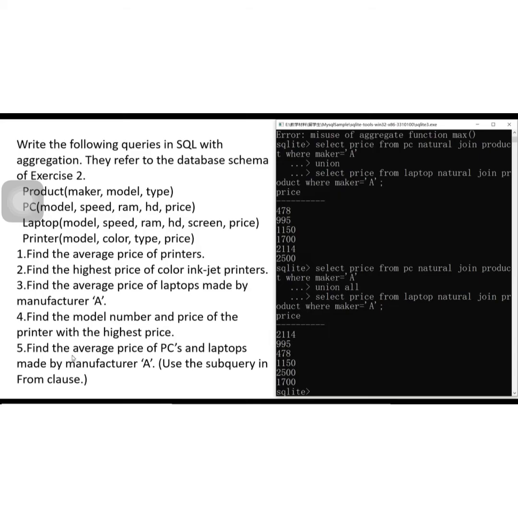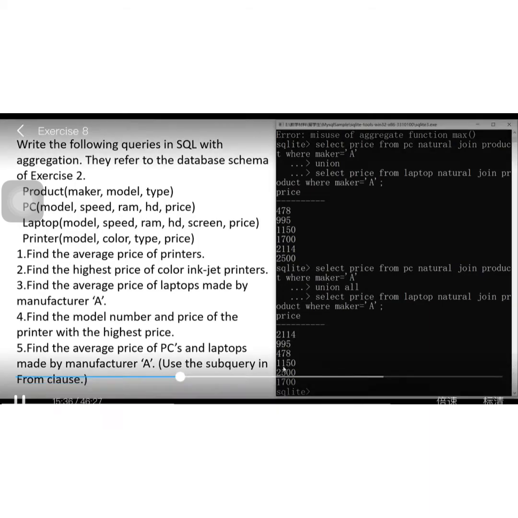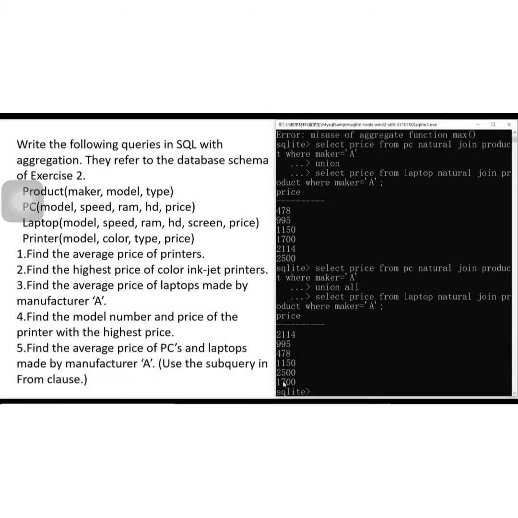Now, if we want to find the average price, we'll do aggregation on this price column. So we can select this information from the result.